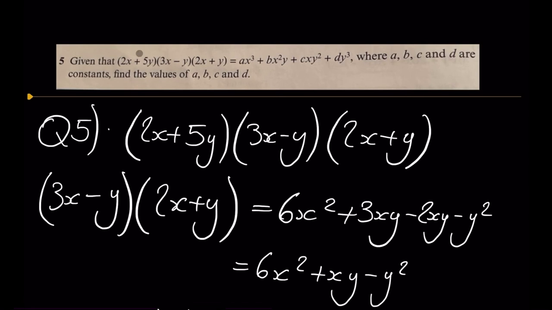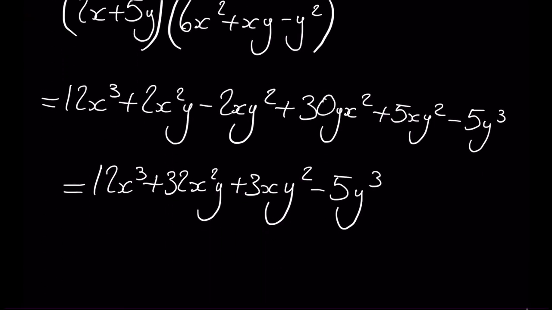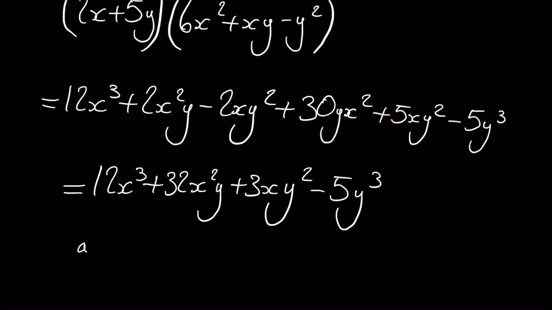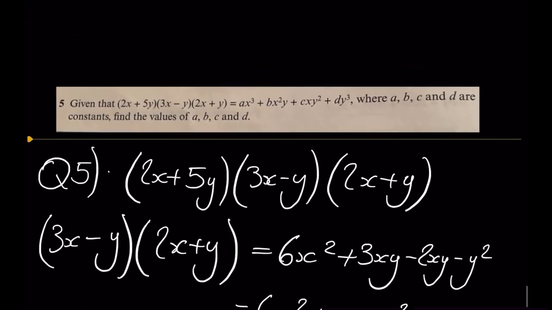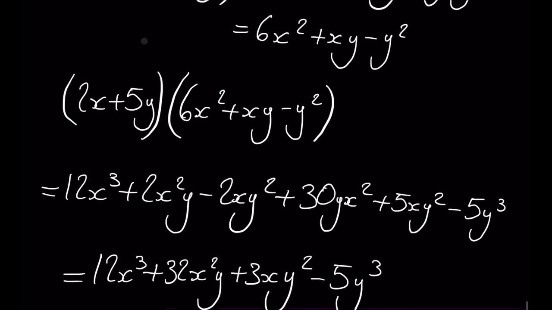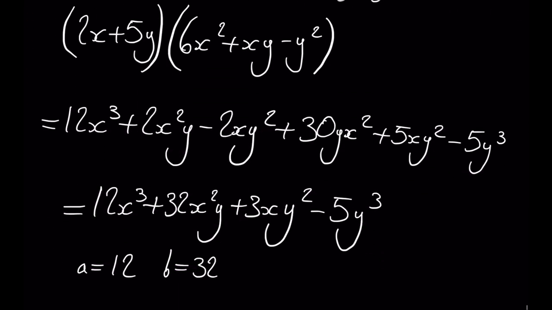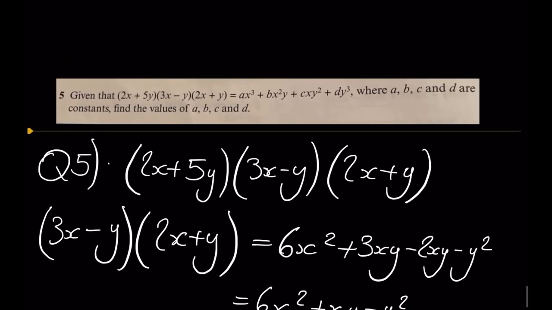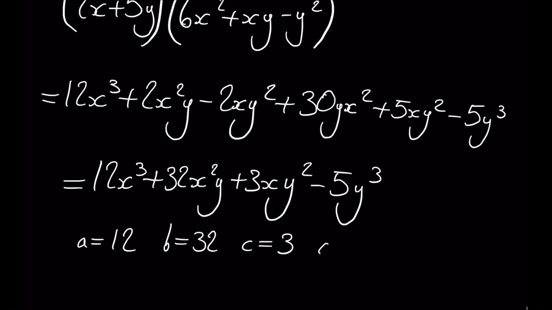So it says in the question to find the values of these arbitrary constants a, b, c, and d. So looking at what we have here, a would be 12, b would be 32, c would be 3, and then d would be minus 5.